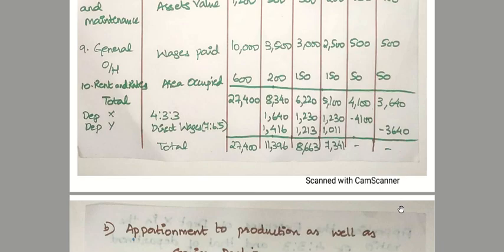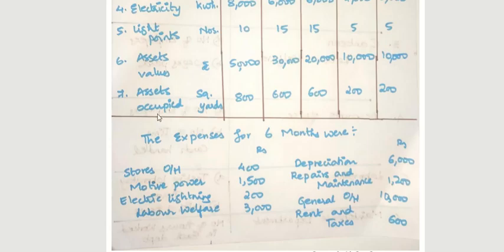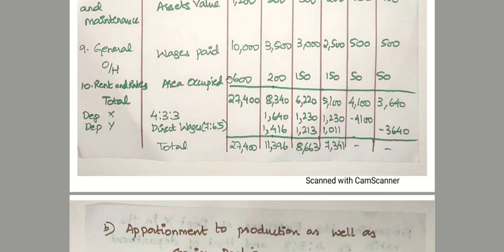What is your total amount? 600. So rent and rates total is 600, which will be apportioned based on area occupied or floor space. So the ratio is 8:6:6:2:2. If you apportion in that ratio, you will get 600, 200, 150, 150, 50 and 50.